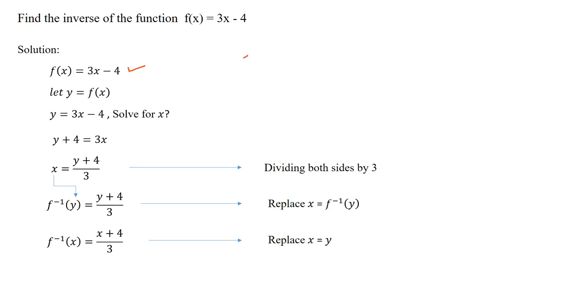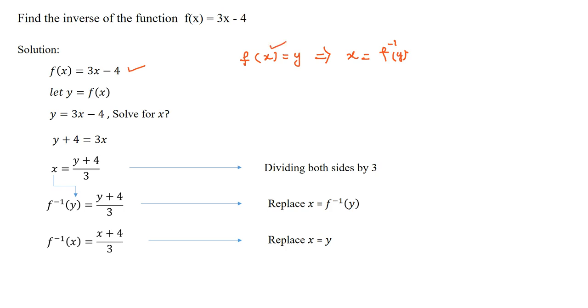How to set it up? We always know that if f of x is equal to y, then x is equal to f inverse of y. So first we set up f of x is equal to y.